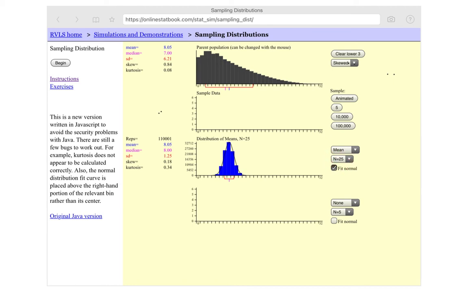And pay attention to the mean and the standard deviation of the population distributions and the sampling distributions, and see if you can notice some patterns that are happening. And then we'll talk about that on the next slide. So pause the video now, go to that website, and play around and see if you can notice some things.